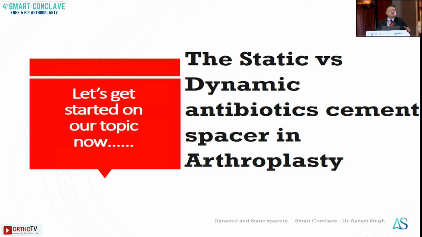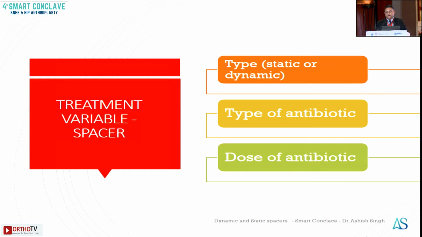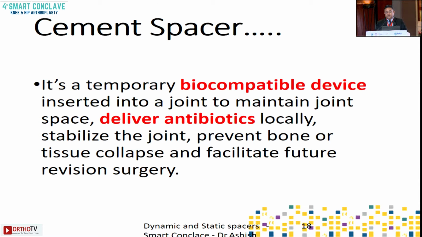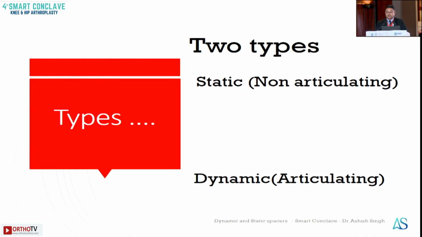Now there are two bifurcations: whether we put static spacers or dynamic spacers. Static spacers are very easy. Basically, a spacer is a biocompatible device inserted into a joint to maintain the joint space, deliver antibiotics locally, stabilize the joint, prevent bone tissue collapse, and facilitate future revision surgeries.